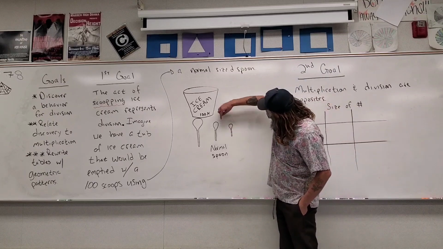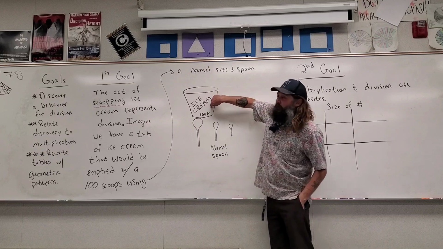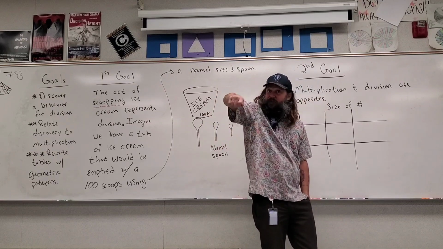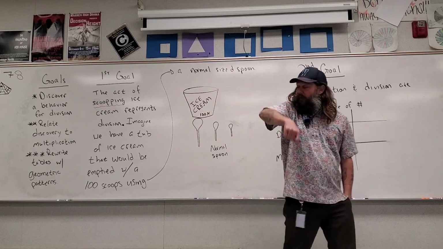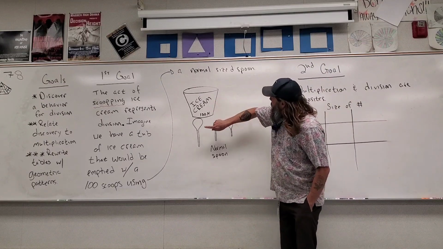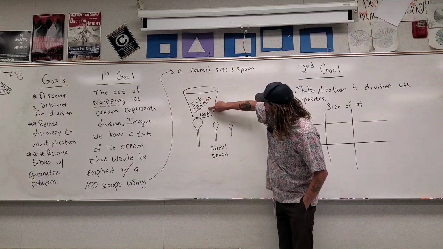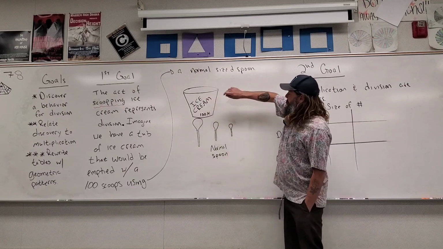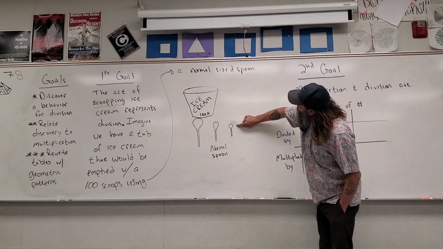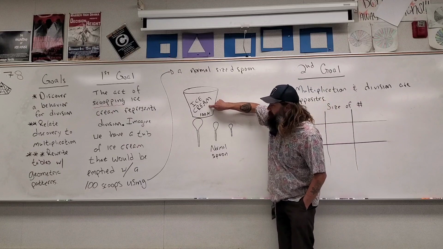If this spoon can empty this tub doing 100 scoops, remember this is the act of dividing, scooping, how many scoops do you think this larger spoon would need to empty this tub of ice cream?